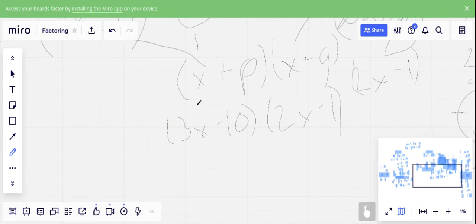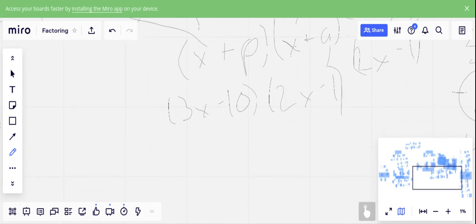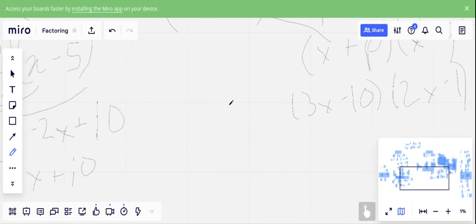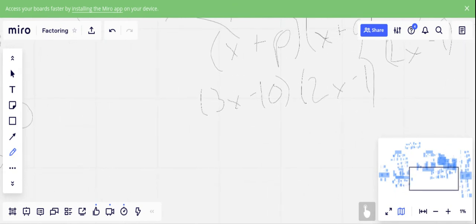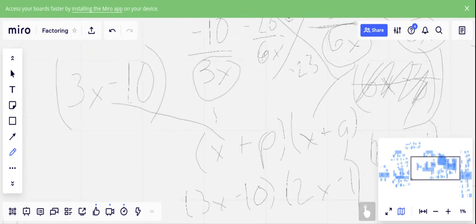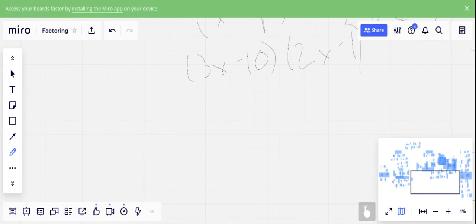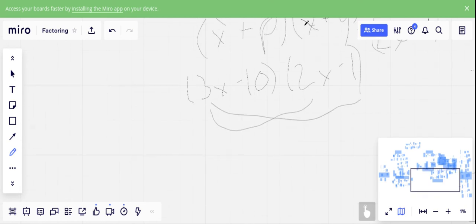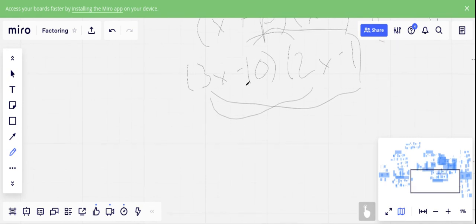So we can multiply them using the FOIL method again, as we did with the if a is 1 method. And if we're correct, we should get the original quadratic. Let's multiply them. Using the FOIL method, we do the first times the first, then the first times the second, then the second times the first, and then the second times the second.